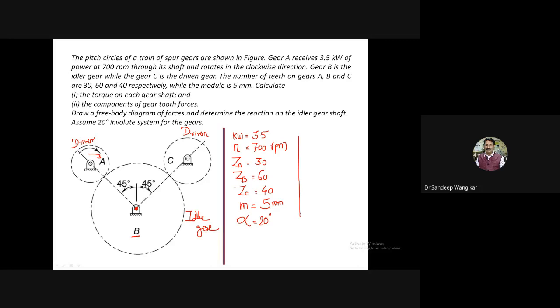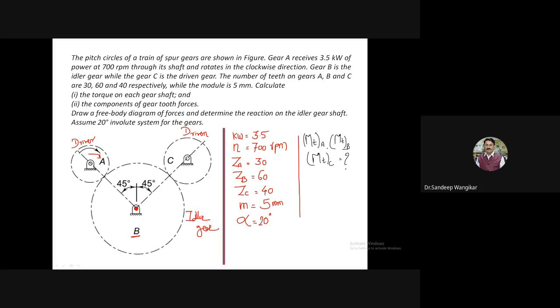We have to calculate the torque on each gear shaft. So I will simply say we have to calculate MT: MT for gear A, MT for B, and MT for C.